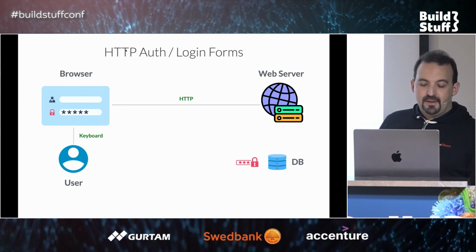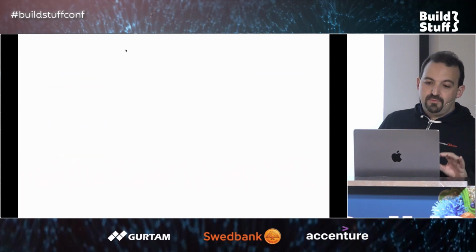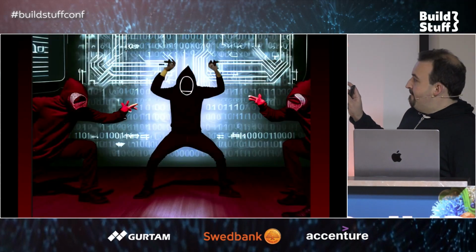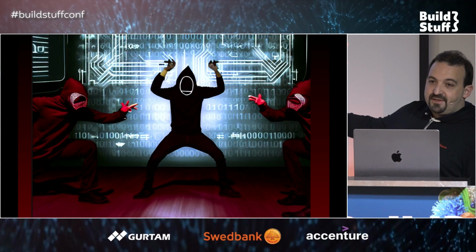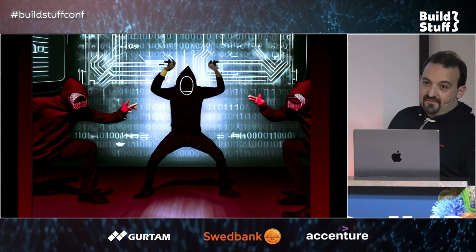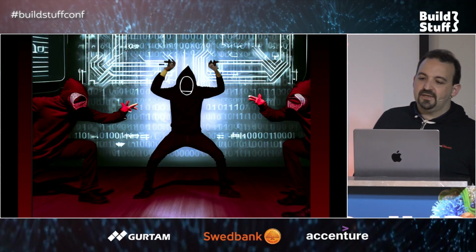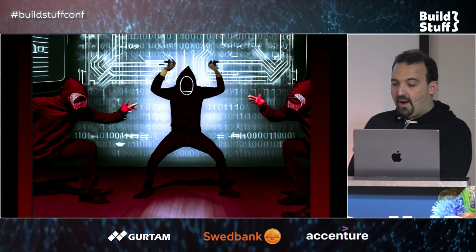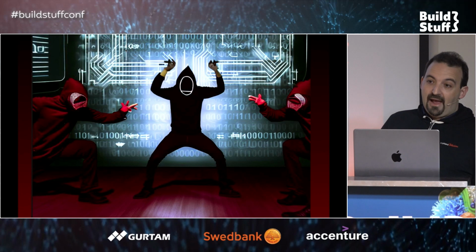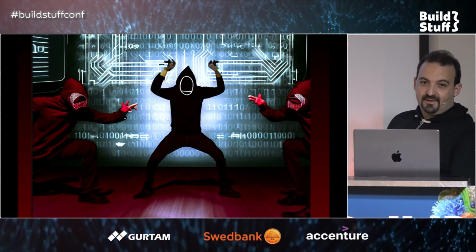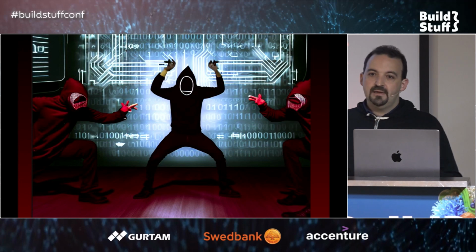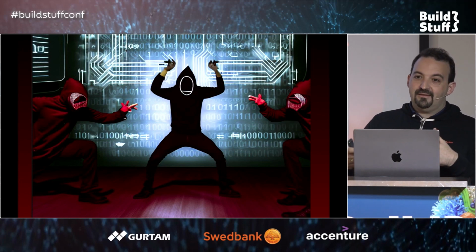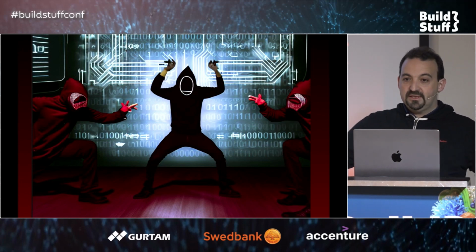So what's the problem? We have two problems. By the way, all the images that you will see like this are from DALL-E 2, AI-generated images. In this case, the prompt was man-in-the-middle attack. A man-in-the-middle attack is a security attack that sits in the middle between two entities.